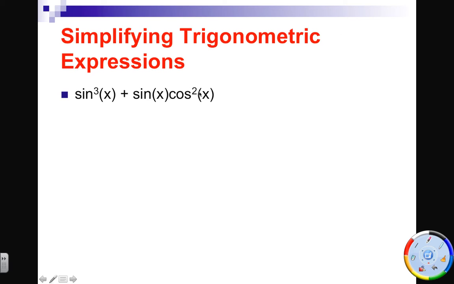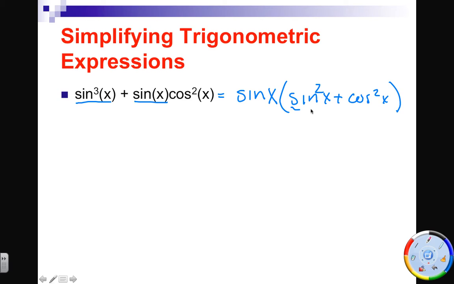And since I see some cosine squared and maybe a sine squared in here, maybe Pythagorean, but I also notice that I have a sine here and a sine here, which means I can do a little bit of factoring. So if I do this, I say, okay, sine of x. And if I factor out that sine of x, I get sine squared x plus cosine squared x.